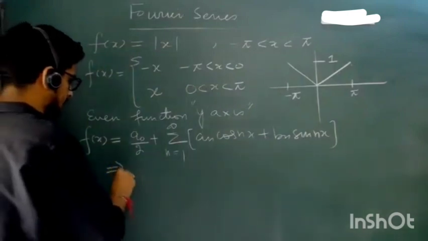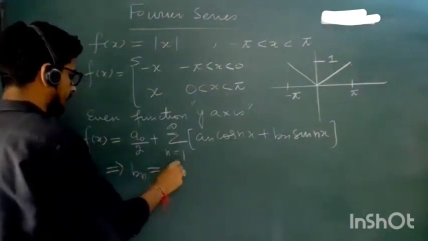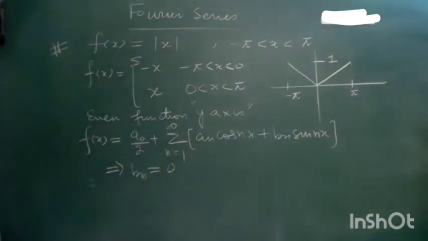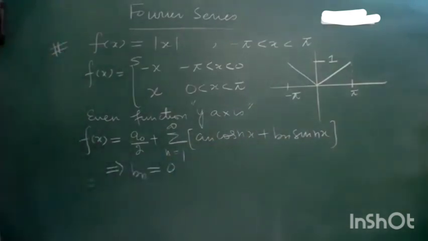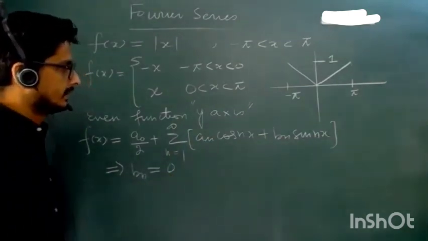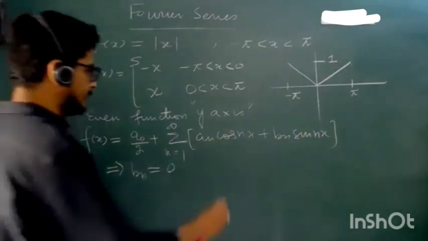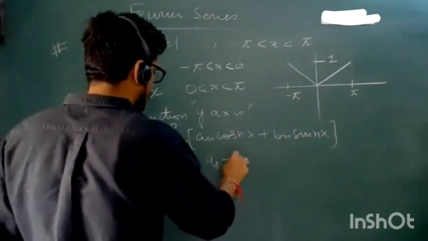Immediately I can write bn = 0 without calculating, because it is an even function, so odd coefficients will not be there. So we have to calculate a0 and an. What is the value of a0?